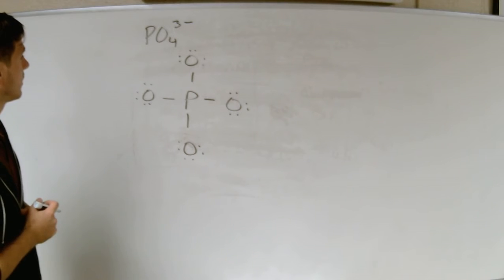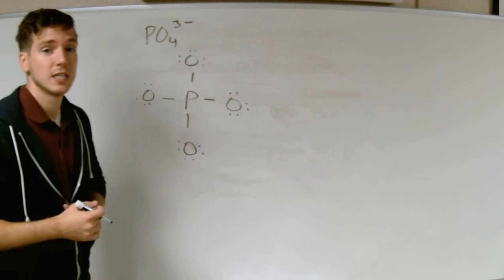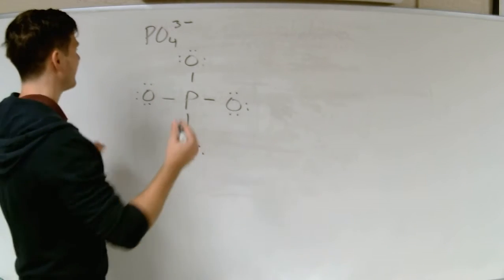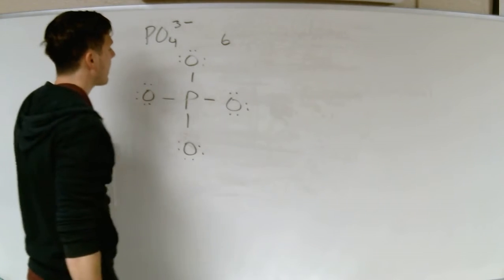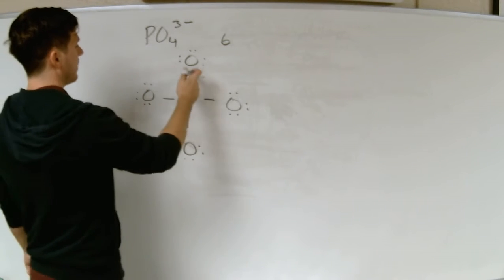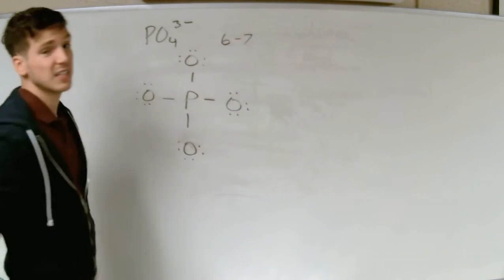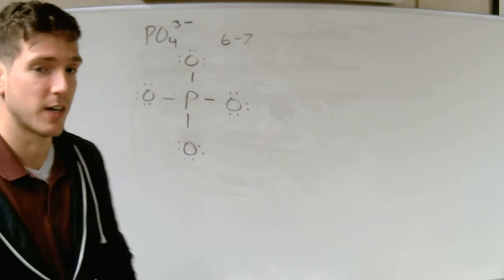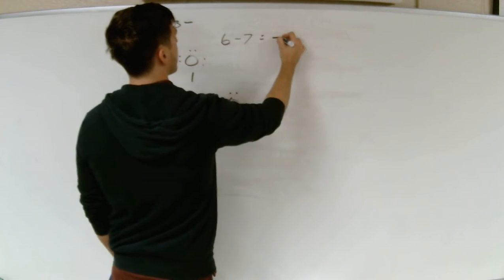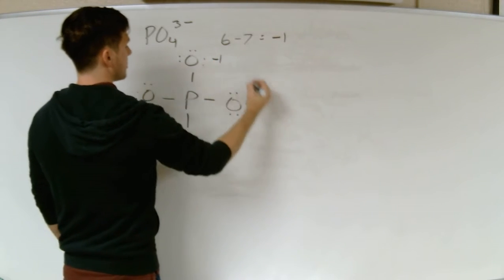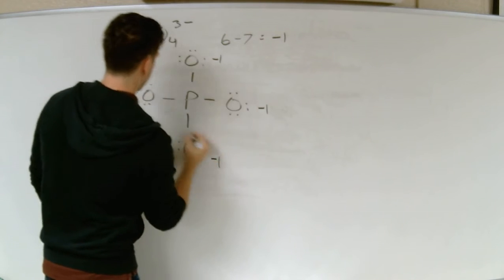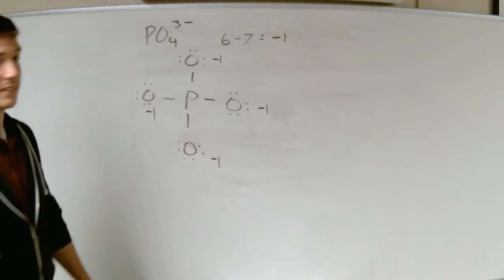Oxygen likes to have 6 valence electrons, and right now each of these oxygens is surrounded by 1, 2, 3, 4, 5, 6, 7 electrons. So each oxygen is going to have a -1 charge. That's -4.